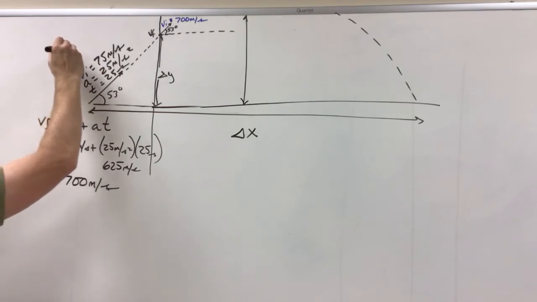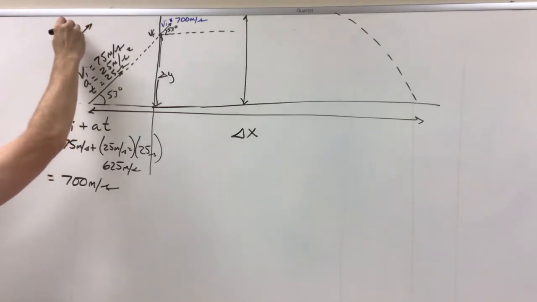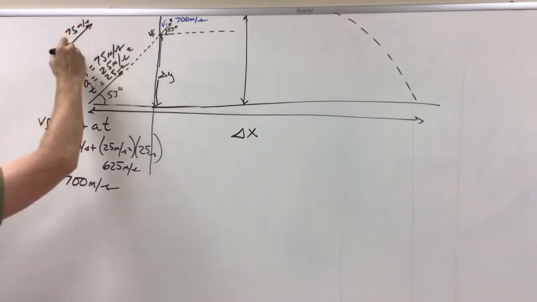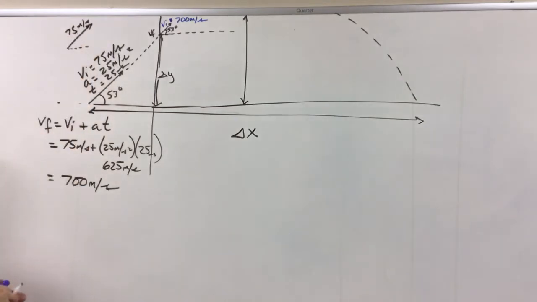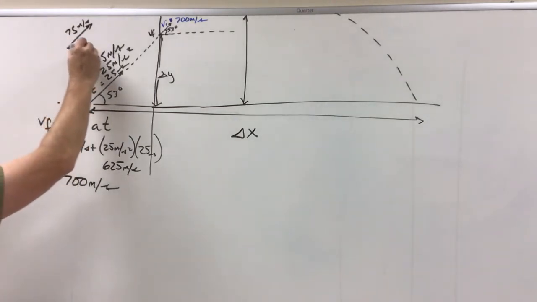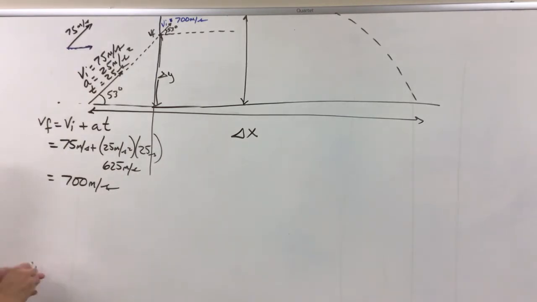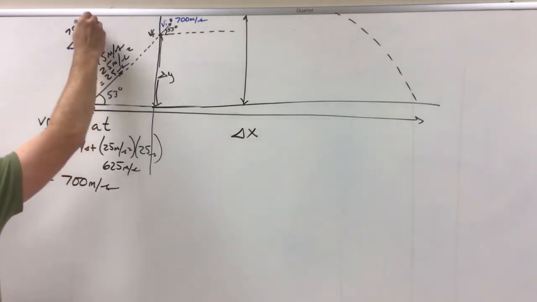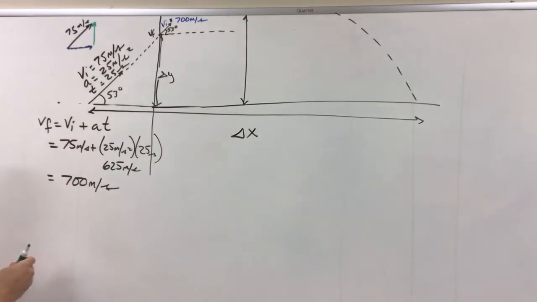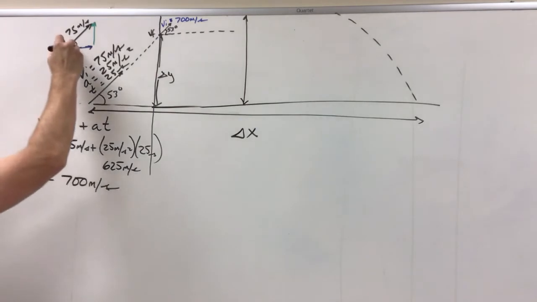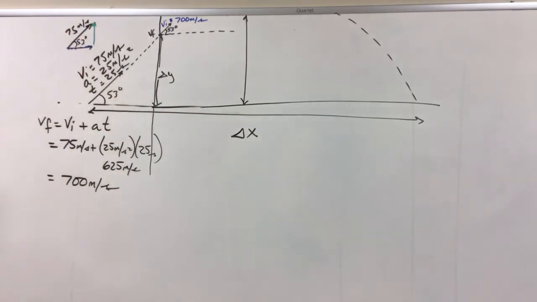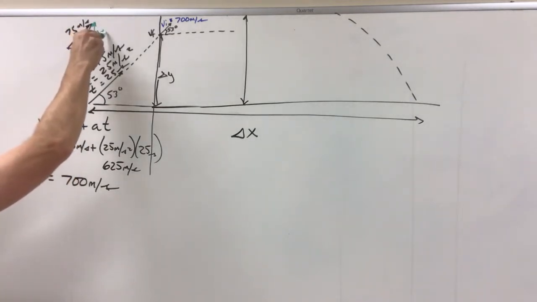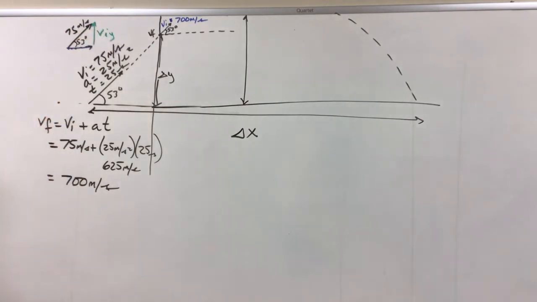I'll do it up here, I guess. 75 meters per second, and its two components, horizontal and vertical, both velocity and acceleration. So knowing the angle is 53 degrees, first I want to find the y component. So I'm going to find the initial velocity in the y direction.